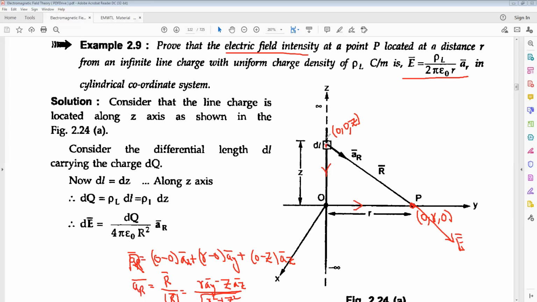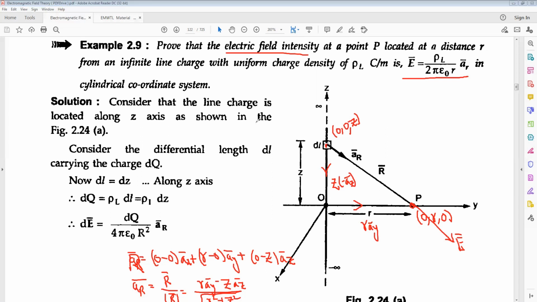They start from here itself to meet at the point P. There is a downward direction of Z into minus AZ bar, and with the distance here, R into AY bar. AY bar is the positive direction. So R into AY bar minus Z into AZ bar under root of R square plus Z square.